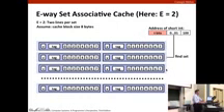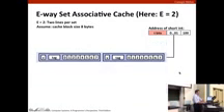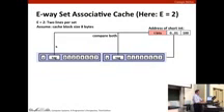It throws away all the other sets. And now in parallel, it searches for a matching tag in both of these lines and a valid bit. If we get a matching tag and a valid bit true, then we've got a hit.